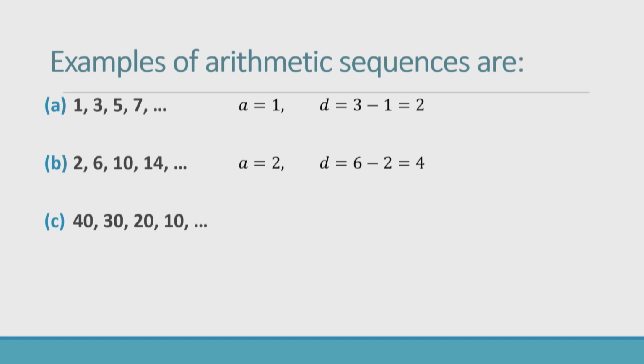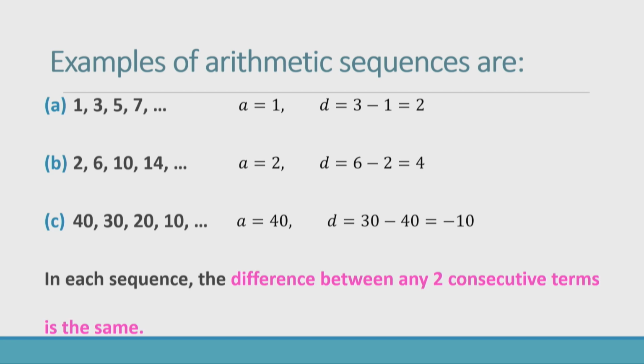Yes, A is going to be 40. Now, what are we doing to get the next term? We are subtracting 10. So we will say that D is negative 10. In each sequence, we have observed that the difference between any two consecutive terms is the same.